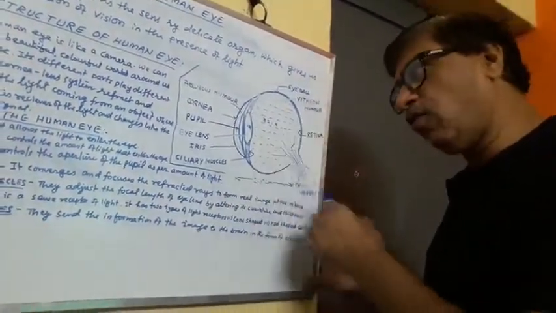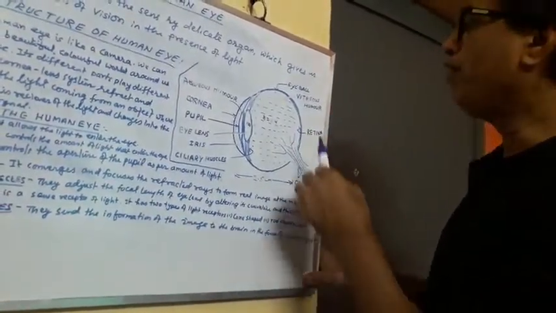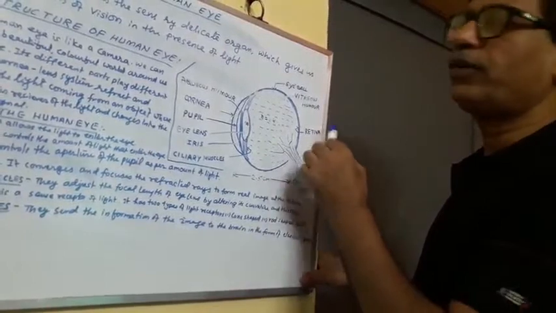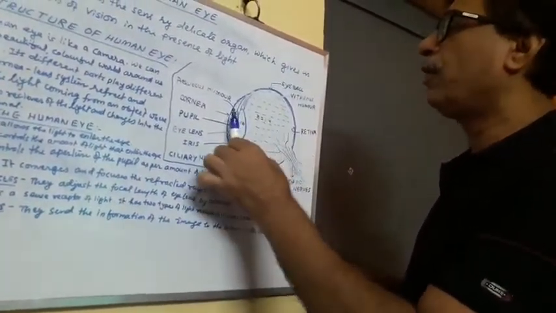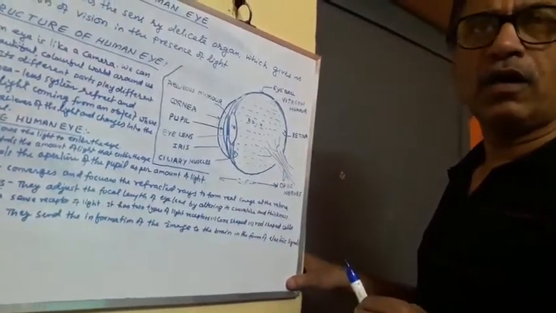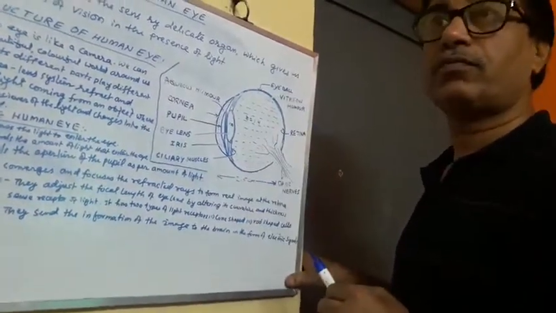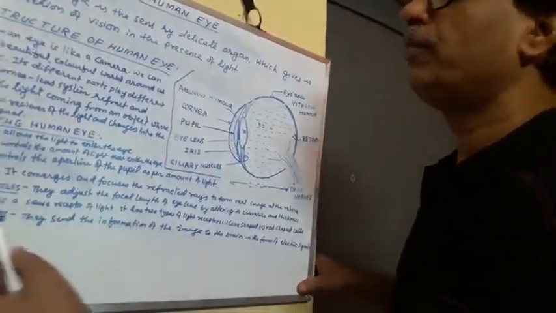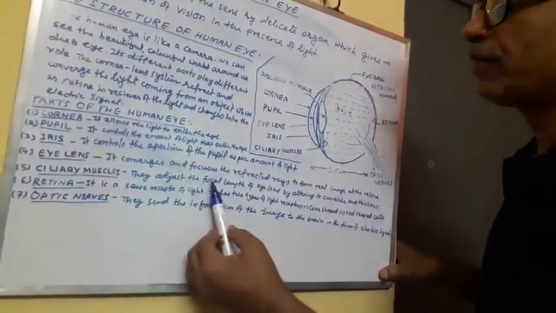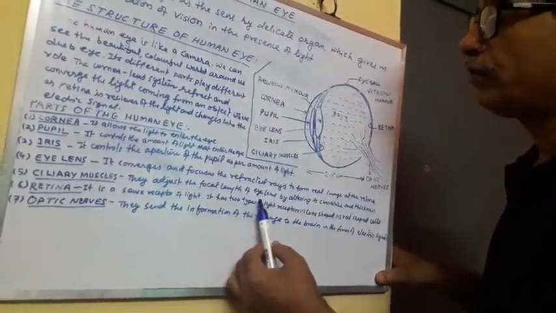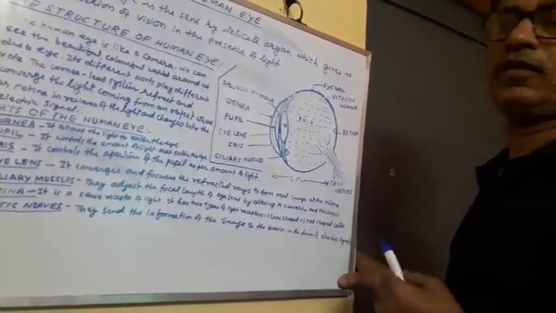So you see that in all these cases, the image position is not fixed, but we have a fixed position of the retina where it receives the light coming from the lens. And how is it possible to form the image always at the retina? This is only possible with the help of the ciliary muscles. The role of the ciliary muscles is to adjust the focal length of the eye lens by altering its curvature and thickness.